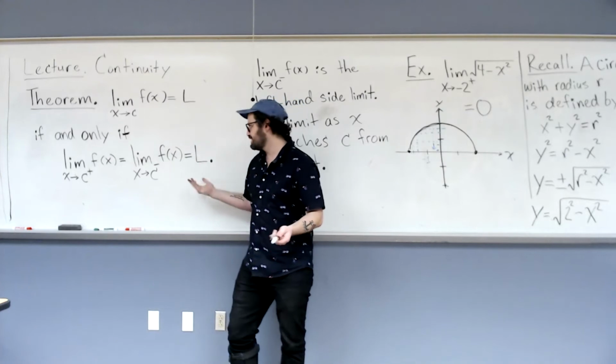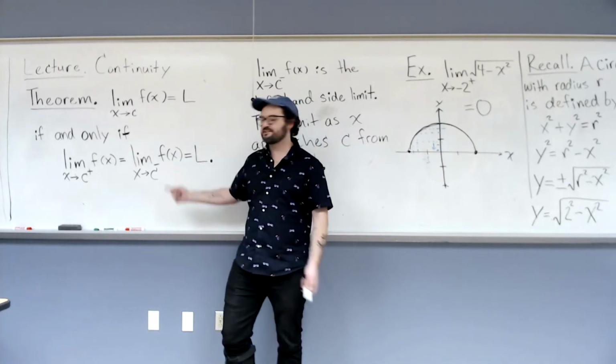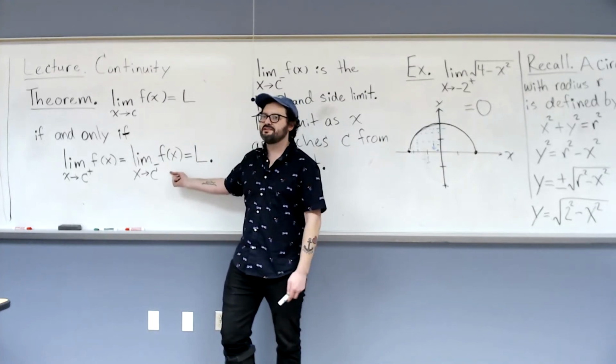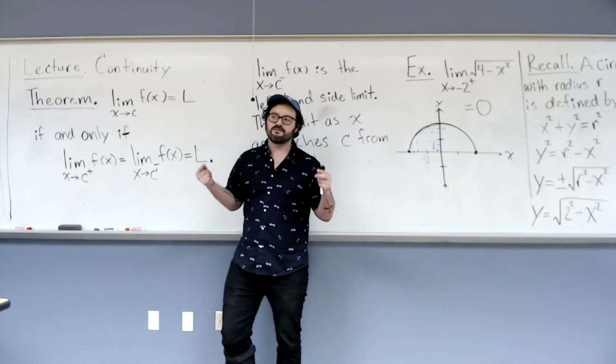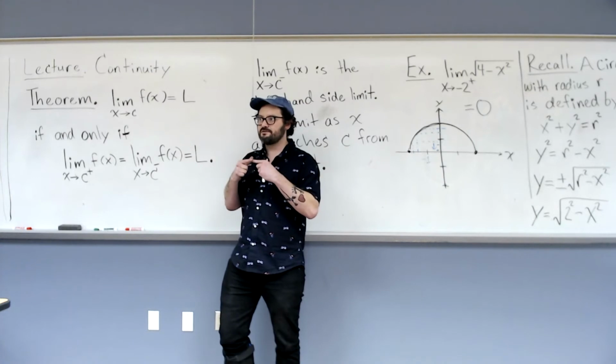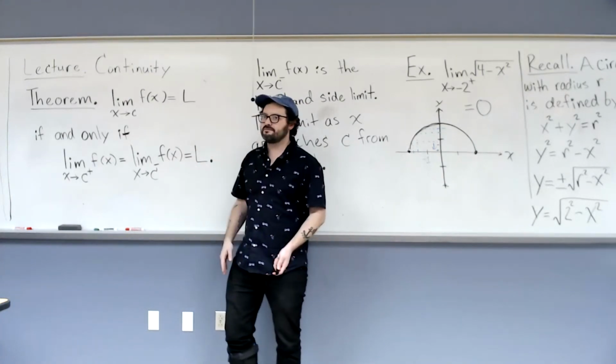Which is kind of silly to write now because this is what we've been doing the whole time, right? We look at where the function is going as we get closer from this side, and if they meet up at the same value, then the limit exists. So that's the statement of the theorem.